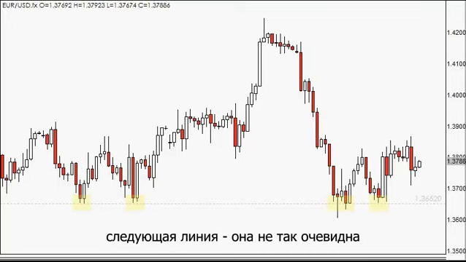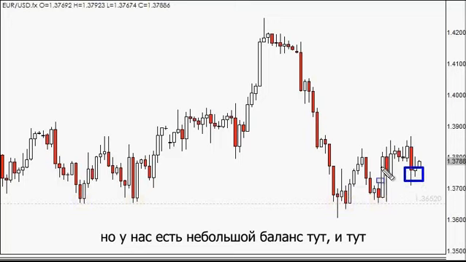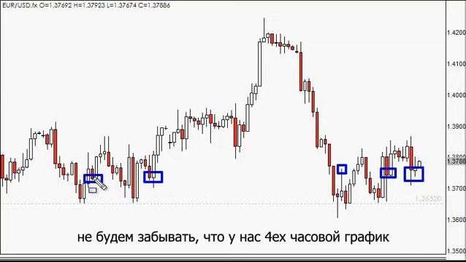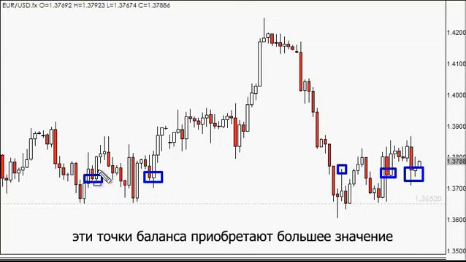Okay, next one up. This is not as obvious, but we've got a small bounce here, small bounce here, a nice strong wick here, bounce here, almost a bounce there. Keep in mind this is the 4-hour chart, so when you drop down to the 1-hour chart, bounces like this one right here are going to look a lot more significant.